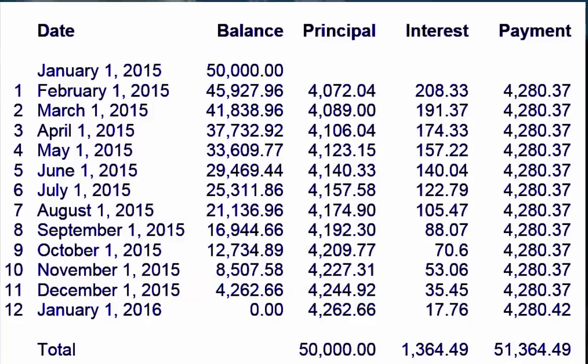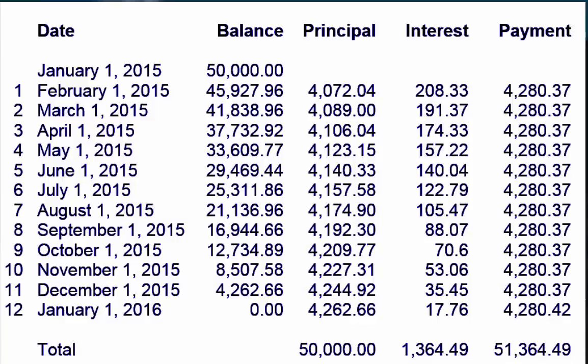So the borrower has returned $50,000 in principal and has paid $1,364.49 in interest over a 1 year period. So this is how the amortization works.